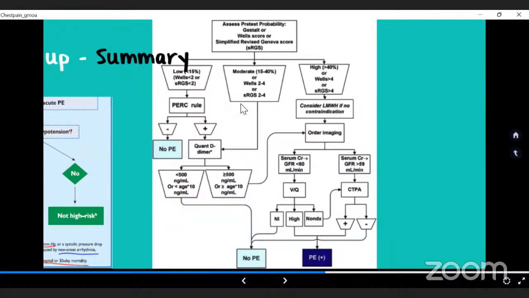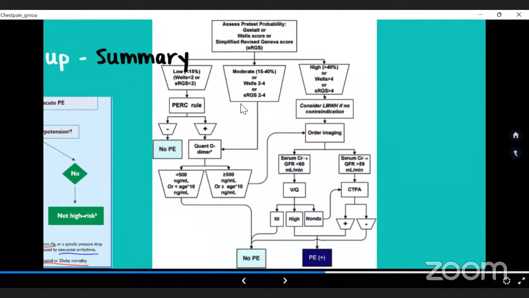At the same time, it is costly, it involves lots of radiation, and it involves giving contrast, with risks of radiation and contrast-induced problems as well. So we can't do CT angiograms like we do ECGs for every patient coming with chest pain with suggestive features. So you need to risk stratify these patients and use some simple diagnostic tests to identify them.